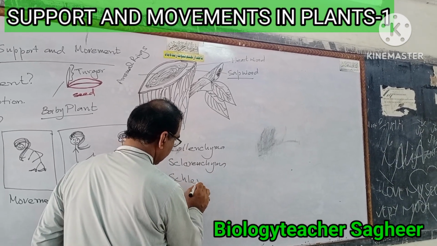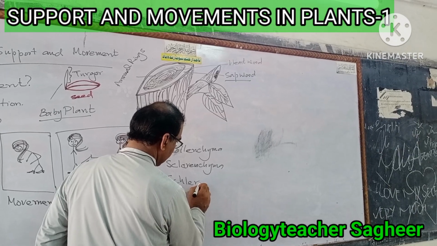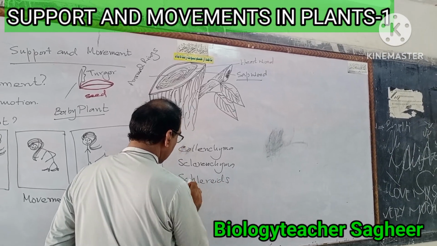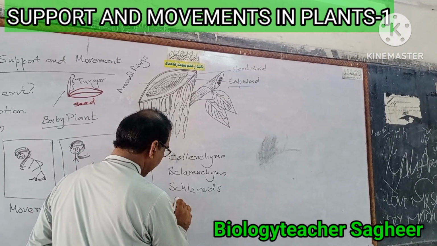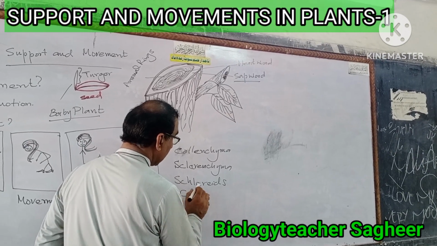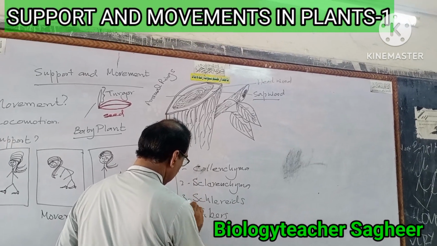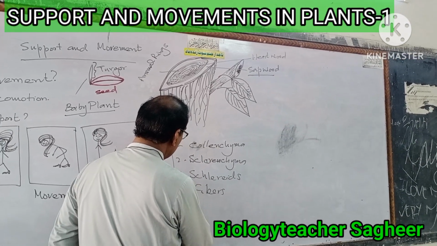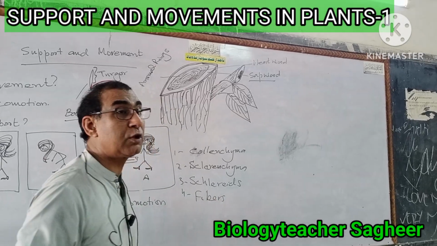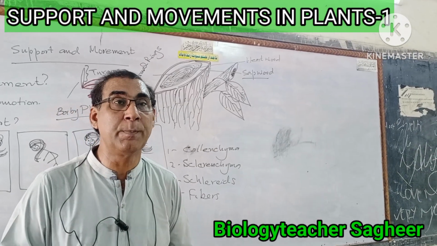Sclerenchyma includes sclereids and fibers. These are the tissues which provide support to the adult or mature plant.